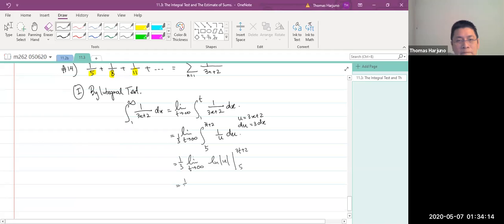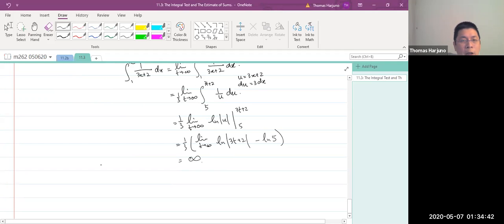So 1/3 times the limit as t goes to infinity of natural log of 3t plus 2 minus natural log of 5. But this goes to infinity.